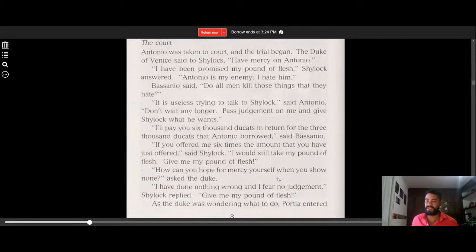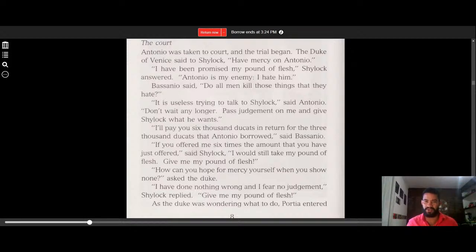The court. Antonio was taken to court and the trial began. The Duke of Venice said to Shylock, "Have mercy on Antonio." "I have been promised my pound of flesh," Shylock answered. "Antonio is my enemy. I hate him." Bassanio said, "Do all men kill those things that they hate?" "It's useless trying to talk to Shylock," said Antonio.